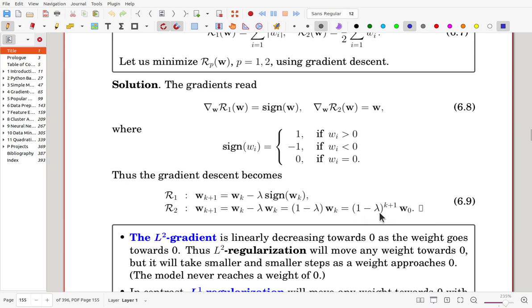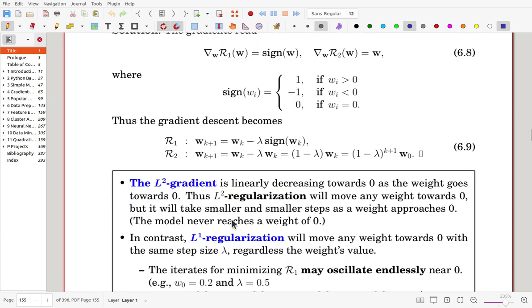Lambda is usually a positive number less than 1, so it is approaching 0. So for the L2 gradient, it is linearly decreasing towards 0, as you can see here. So L2 regularization will move any weight towards 0, but later on it becomes smaller and smaller. But anyway, it's moving towards 0.